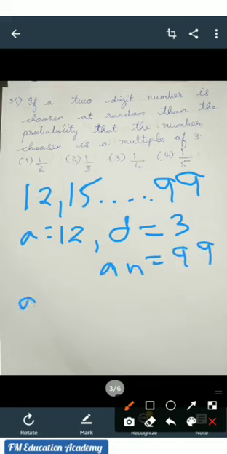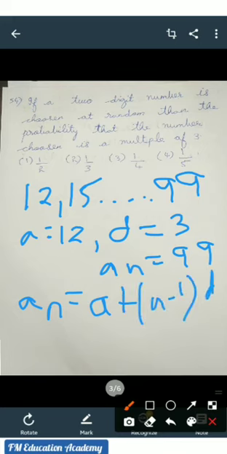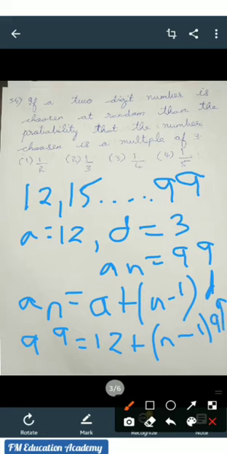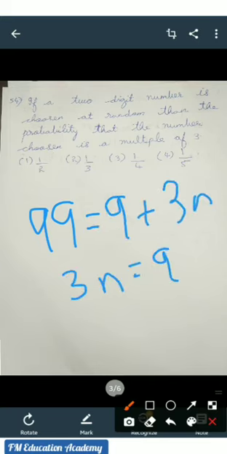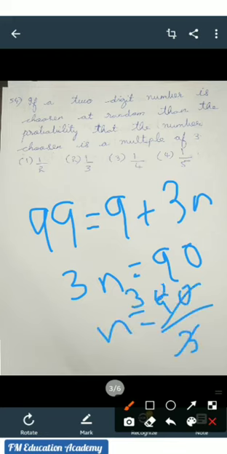If you use the formula an is equal to a plus n minus 1 into d and solve, 99 is equal to 12 plus 3 into n minus 1. If we solve, 99 is equal to 9 plus 3n, or 3n is equal to 99 minus 9, that is 90, or we get the value of n as 90 by 3, that is 30. So we got the number of favourable outcomes as 30 here.